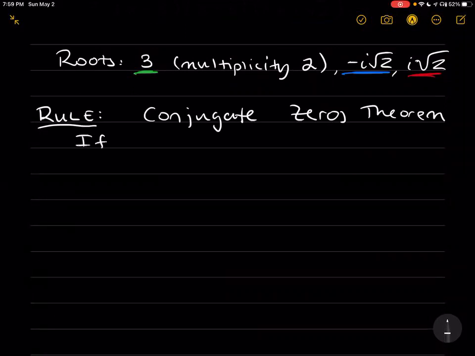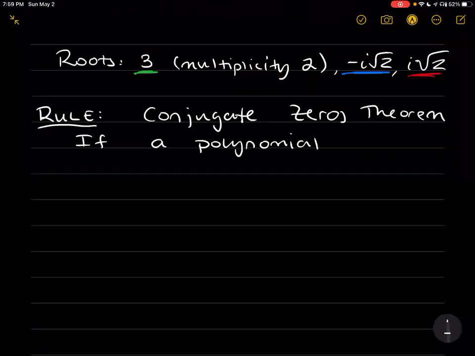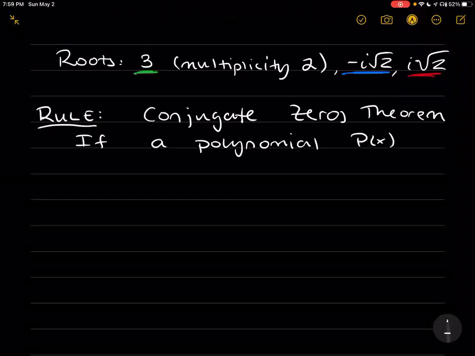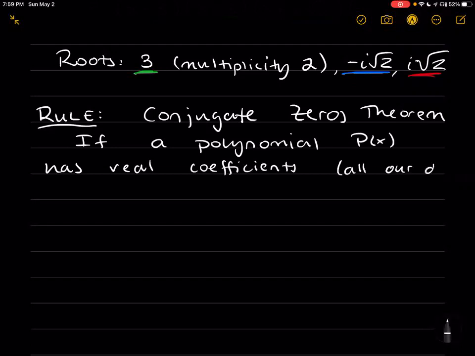So if a polynomial, let's just call it p of x, has real coefficients, so all of ours do, and any polynomial we'll be talking about so far and in this class is going to have real coefficients. All ours do.